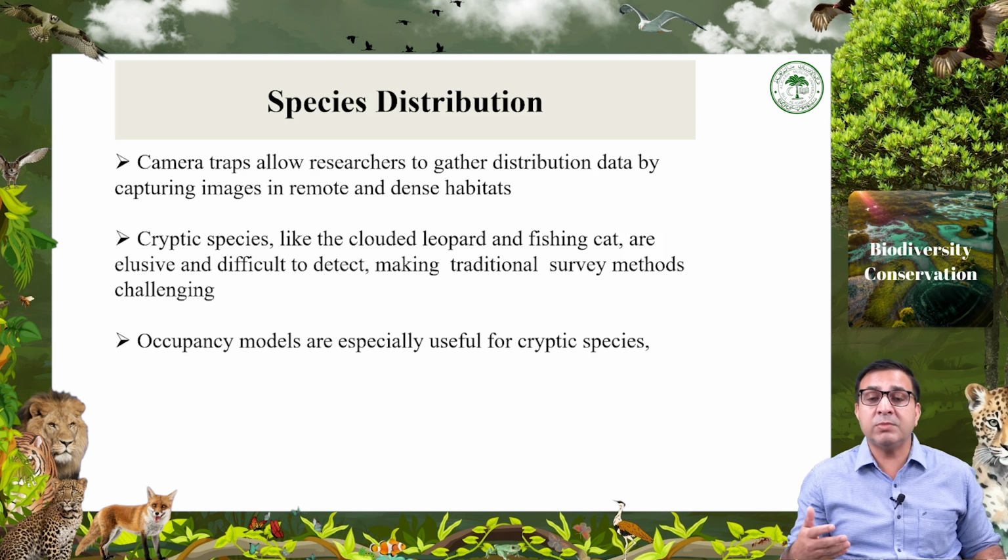These elusive animals are challenging to detect using traditional survey methods. And by employing occupancy models, researchers or biologists can effectively account for imperfect detection, providing a clear picture of species distributions and habitat use.